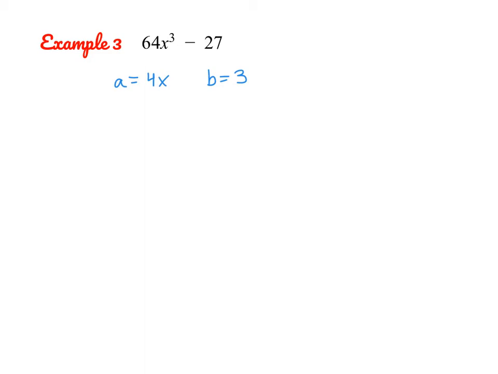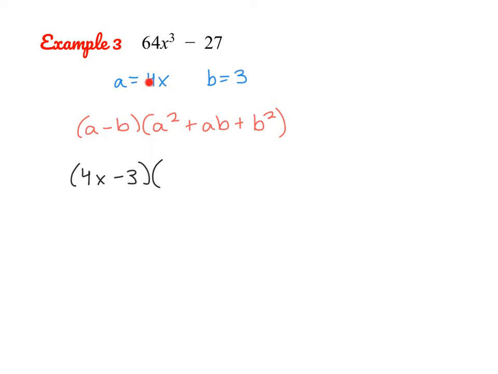So now that we know our a and b values, we're going to be substituting them into the formula. I think it's really helpful to write out the formula each time. So 1, it will help you memorize the formulas, and 2, it just makes it easier to substitute. So here, our a value is 4x, our b value is 3. Be really careful for this next term. So we're squaring our entire a term.